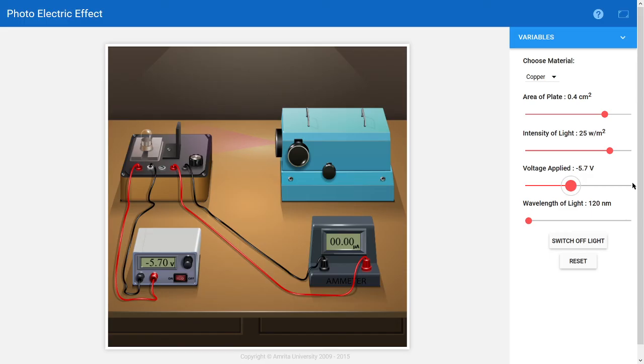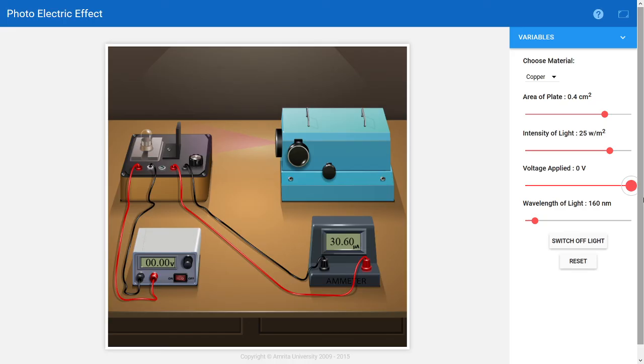So in this case this is minus 5.0 volt. Usually you have to change this frequency. Suppose for example this is 150 nanometer again. Okay, let's take 160. I will start from 0 volt.